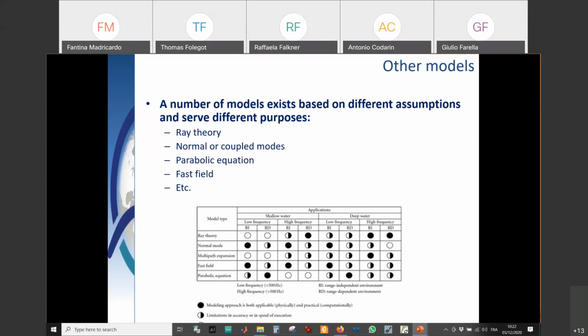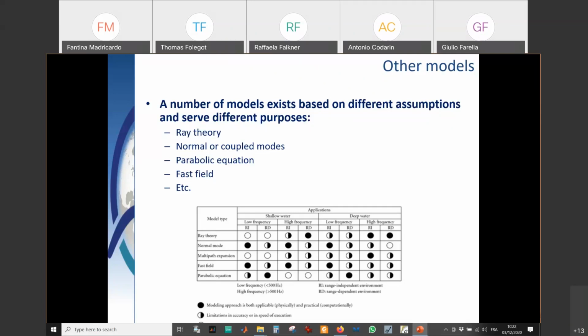But from the physical point of view, we didn't change anything in the code because we wanted to have a validated code. It's quite difficult actually to validate a model, because you need to really control all the parameters. So it's a very heavy work. So we decided not to change anything on the code because it was already validated by a number of different organizations.